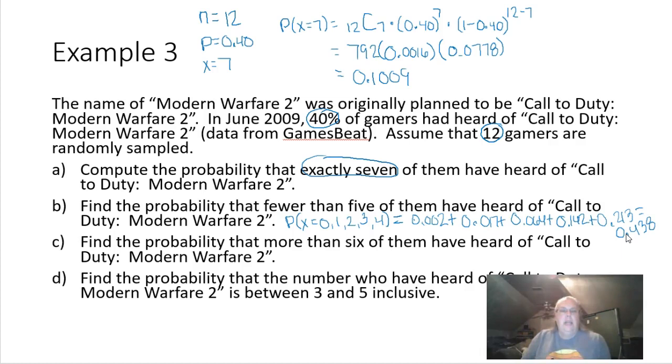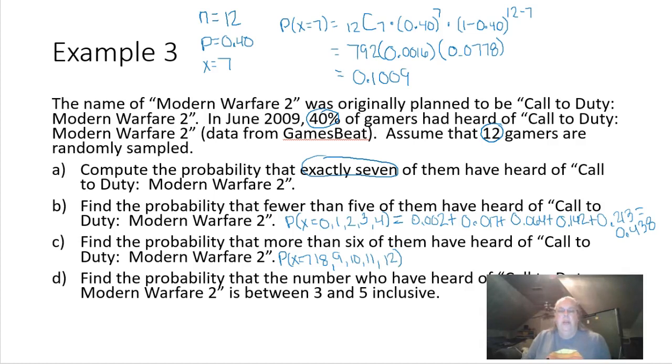Now, part C is asking us to find the probability that more than 6 of them have heard of Call of Duty Modern Warfare 2. This is the probability that 7 have heard of them, or that 8, or 9, or 10, or 11, or 12.